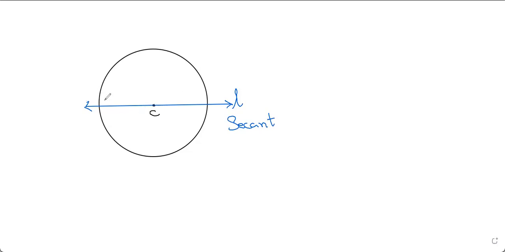And if we name the 2 points as A and B, now if I ask you what is AB, then AB definitely is a diameter. Please be careful about this terminology. A line with respect to a circle can be a tangent or a secant. Part of a secant can be a diameter. Anushka, Karina, is it clear?